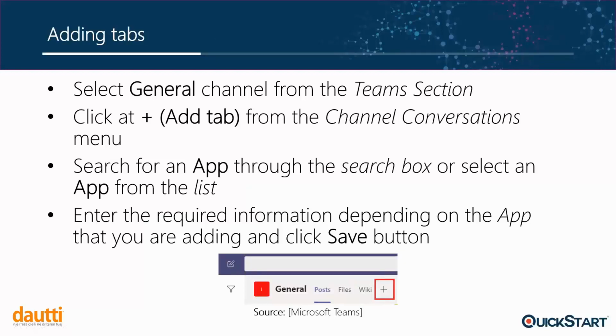I went on to add the website. Remember when I added the website tab? You select the general channel from the team section, click the plus sign, which is adding the tab, from the channel conversation menu. Then you can search for an app through the search box, or select an app from a list. You've seen that it used to be a huge list. Once you enter the required information, depending on the app, for instance with Google Analytics, you've seen that it required a few parameters to set it up properly so you can collect the information from Google Analytics.